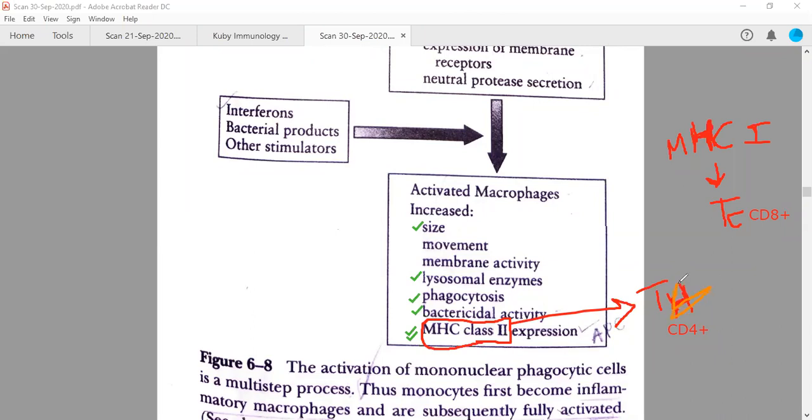So this is actually the CD4 positive cells. T helper cells are CD4 positive cells. In case of TC cells, you will join like this, so they will become CD8 positive cells, right? This is the simple trick to remember them. So T helper cells are called CD4 positive cells, and TC cells are called CD8 positive cells.